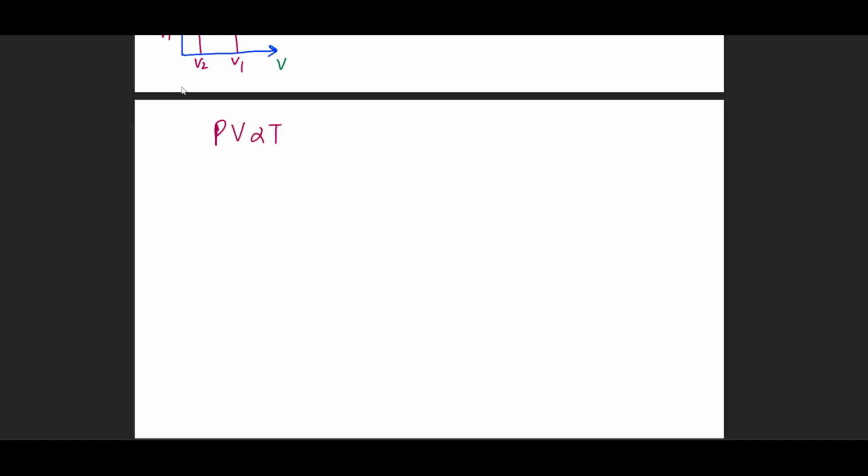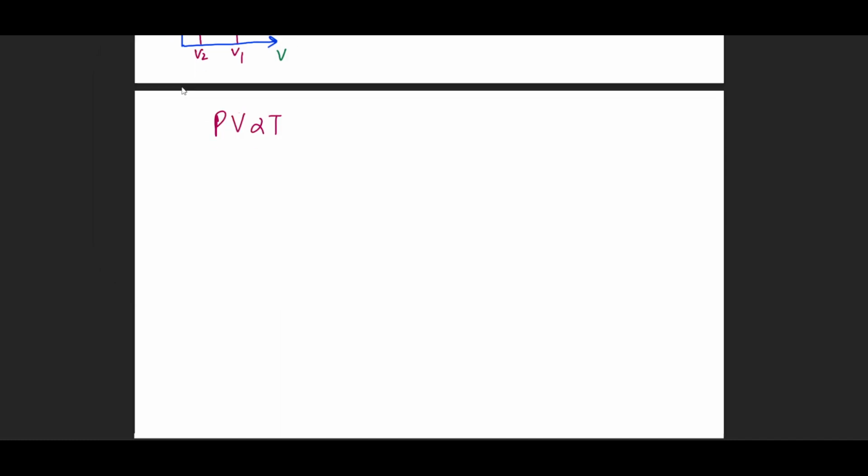So PV is proportional to T. Now in mathematics, if you want to convert the proportionality into an equation, we come to this point. So T will be in place as it is, PV over here are in place, but we need to add a constant of proportionality that is going to be K. Now we assume generally that throughout the process, the mass of gas remains constant.